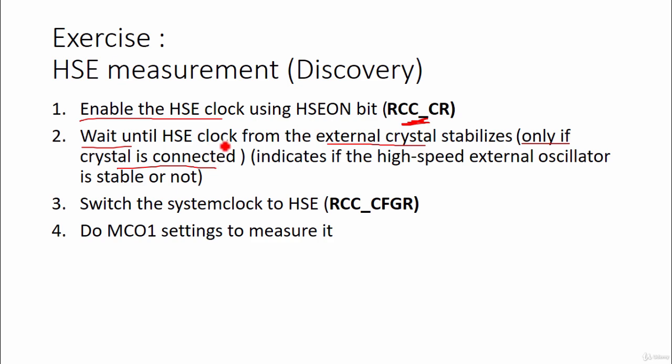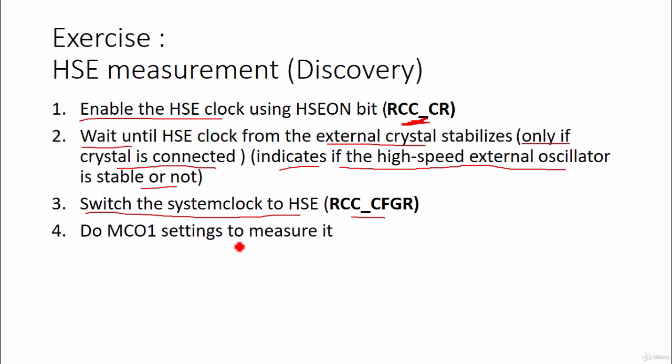So there is one bit in the RCC CR register which indicates if the high-speed external oscillator is stable or not. You have to proceed only if that stabilization is successful. After that, you have to switch the system clock to HSE. This can be done in this register, RCC CFGR register, and then do your MCO1 settings to measure it, what we discussed in the previous exercise.